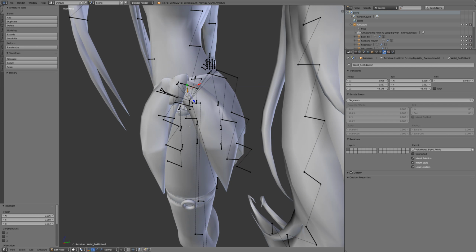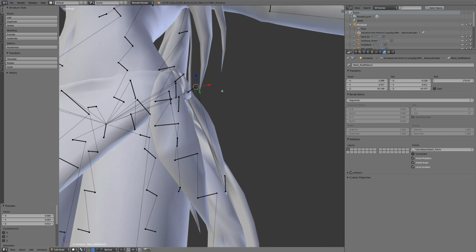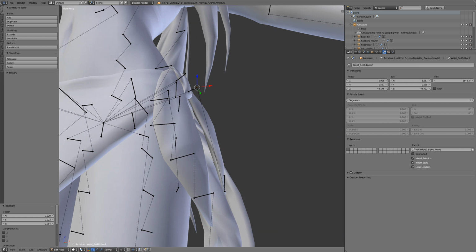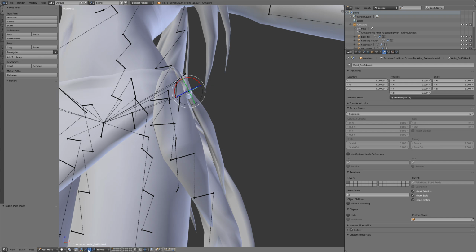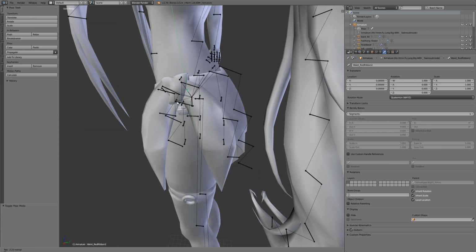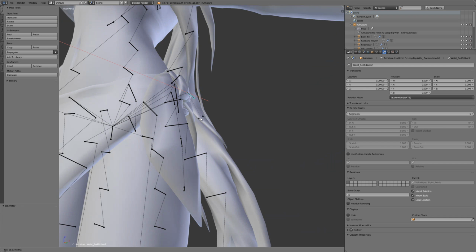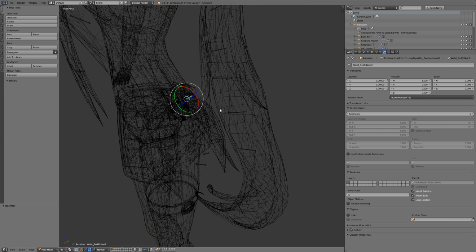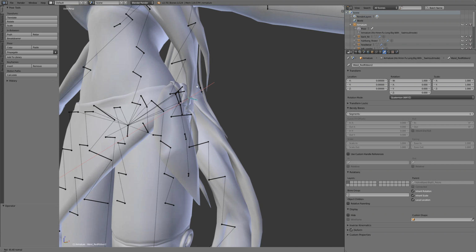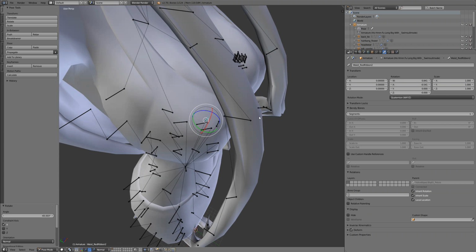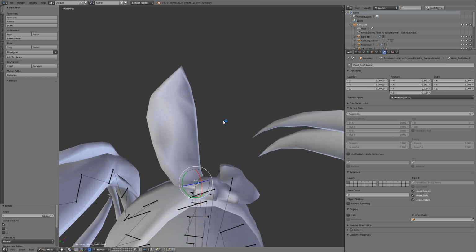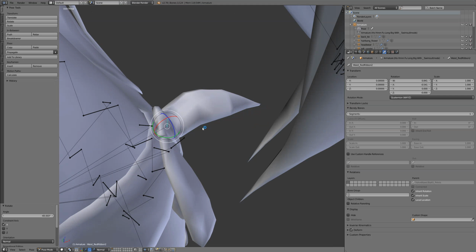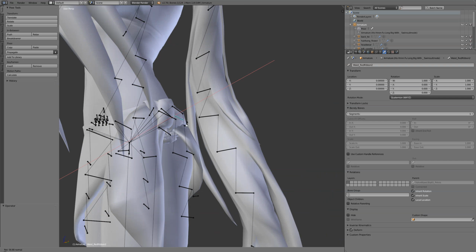Okay, so now this has a pretty decent local XYZ orientation. So if you go to rotation manipulator, you got your Y front and back, and X left and right. Now if you pull X backward, you can't really see it here, but it goes a little bit diagonally. That's correct. You see how it doesn't go totally out this way, it comes diagonally a little bit. That's correct. This is its local orientation.